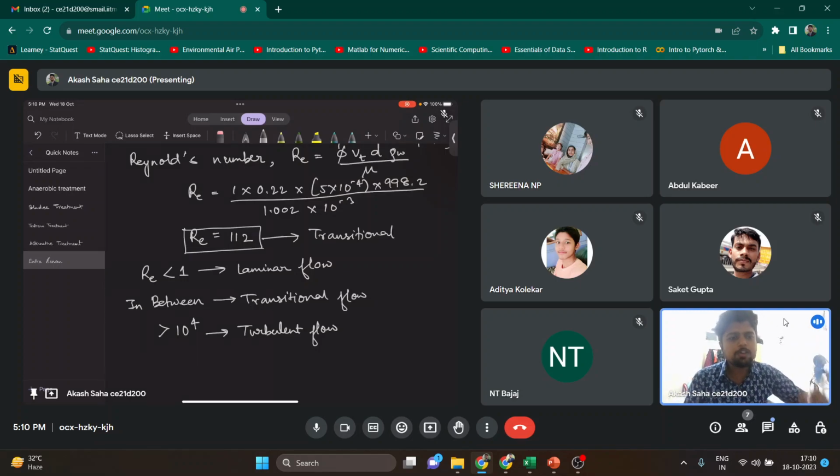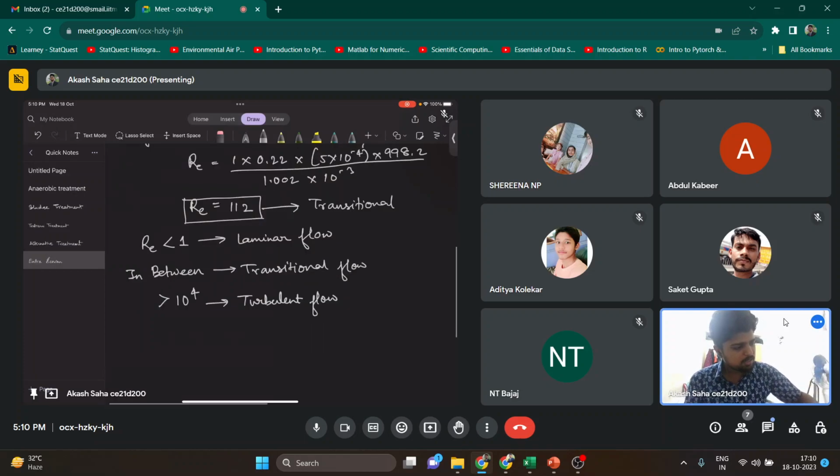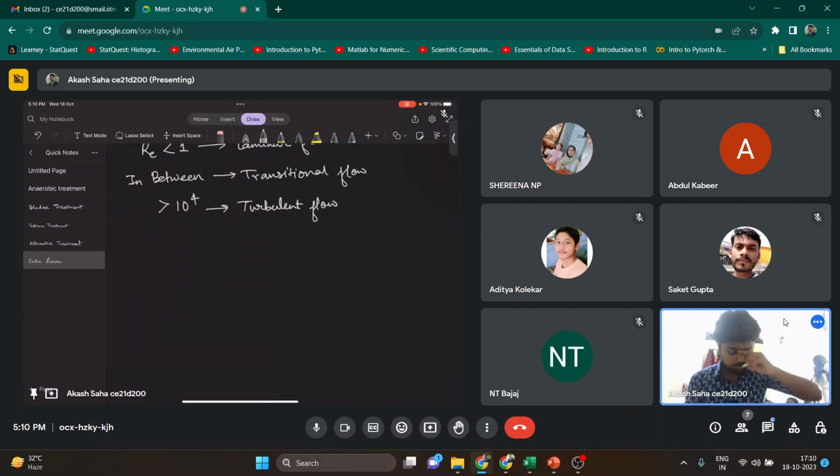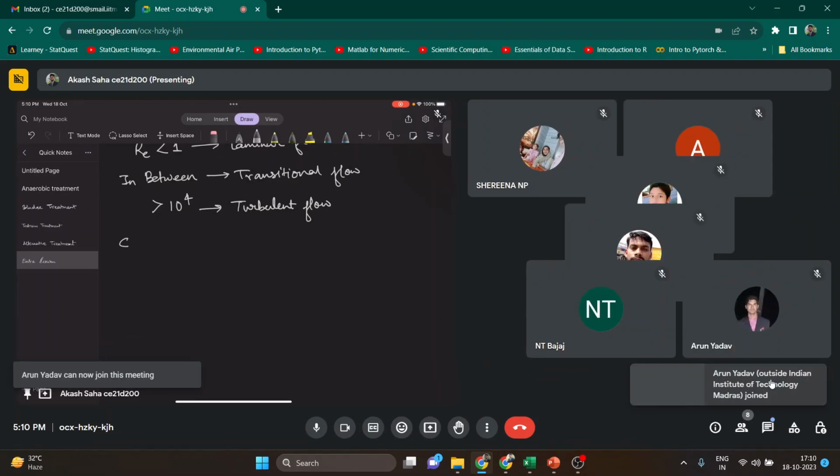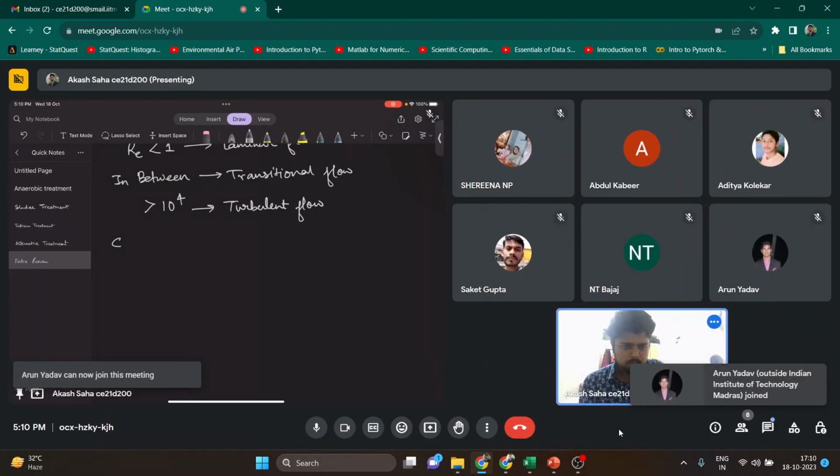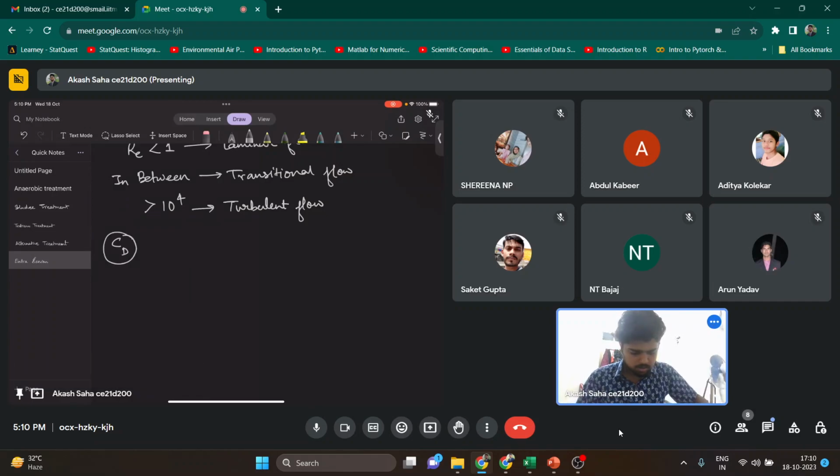So now how will we do it? Now we will find out the CD value. It's a coefficient CD, this value. So this is basically the coefficient of drag, we can say.